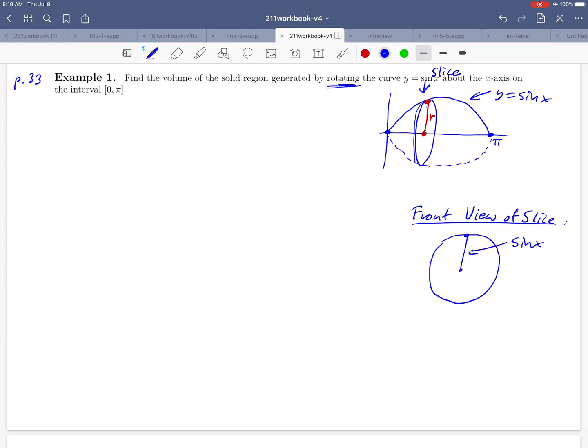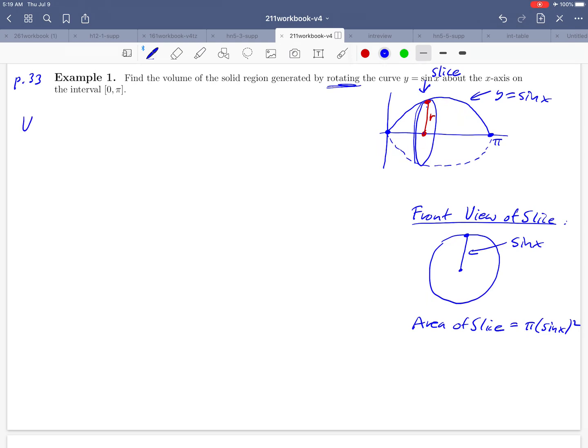With that, we'll use the formula we just mentioned for the area of the slice. We're going to get pi times sine of x squared.